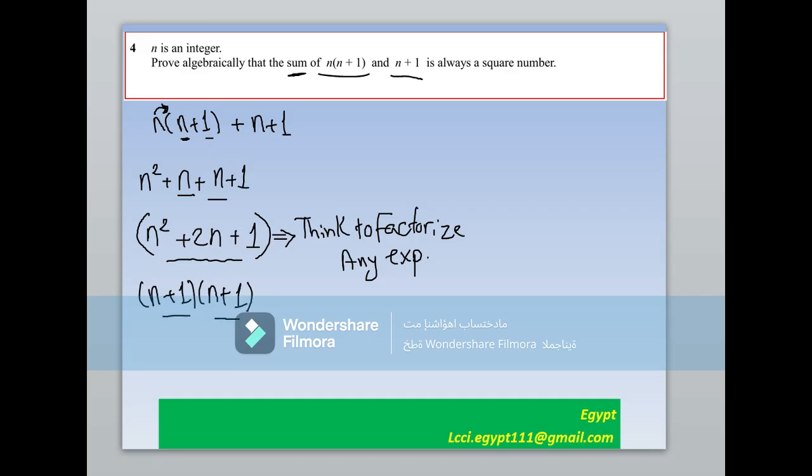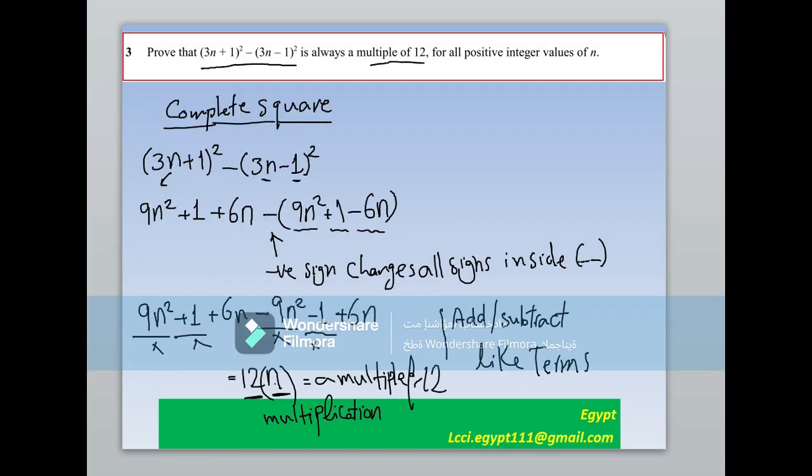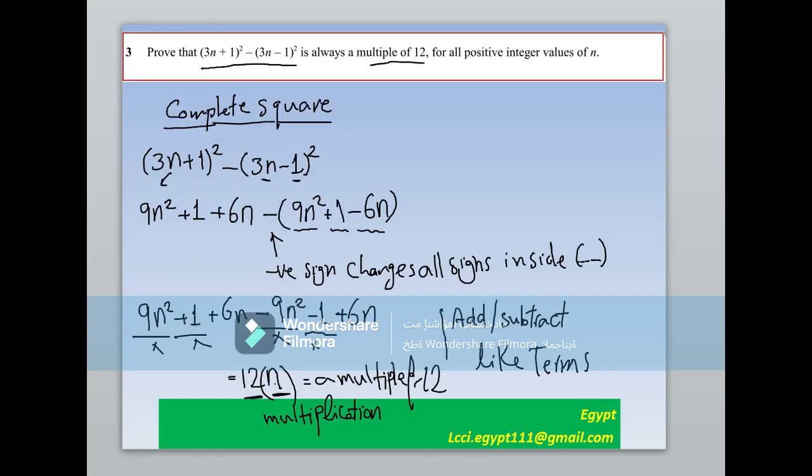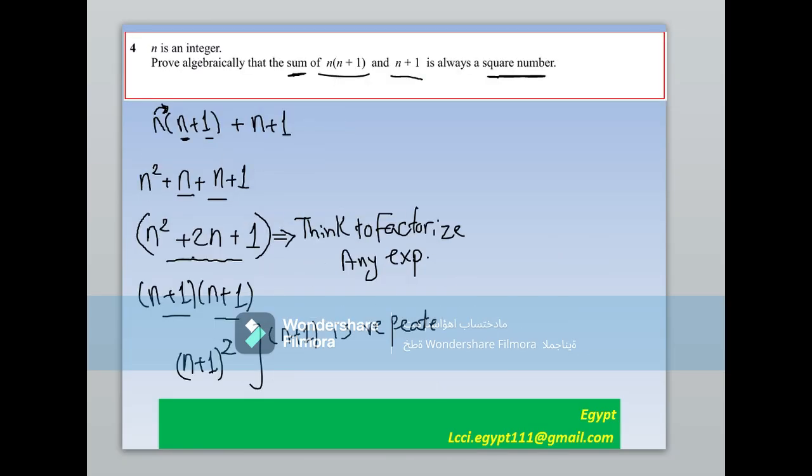So it's the same, equal to (n plus 1) repeated 2 times, called a square number, because n plus 1 is repeated twice.